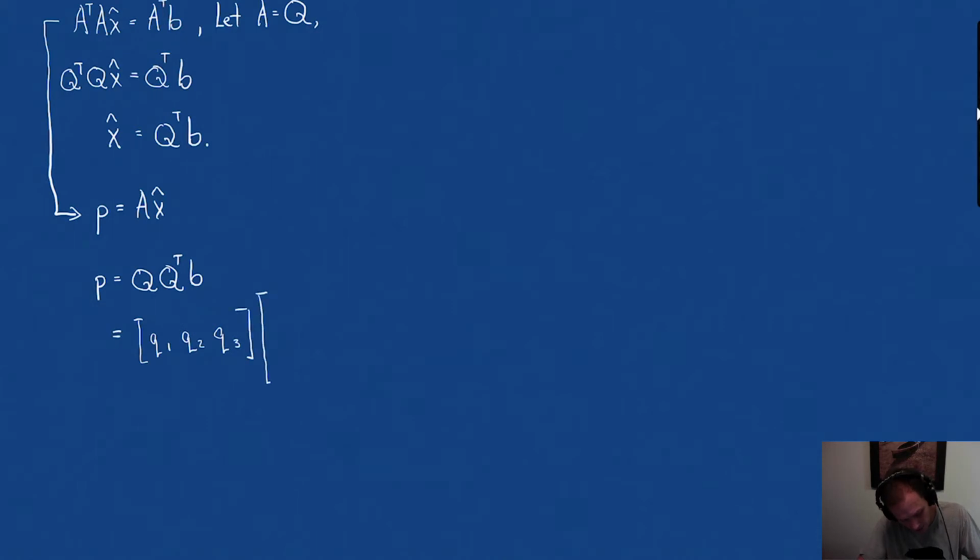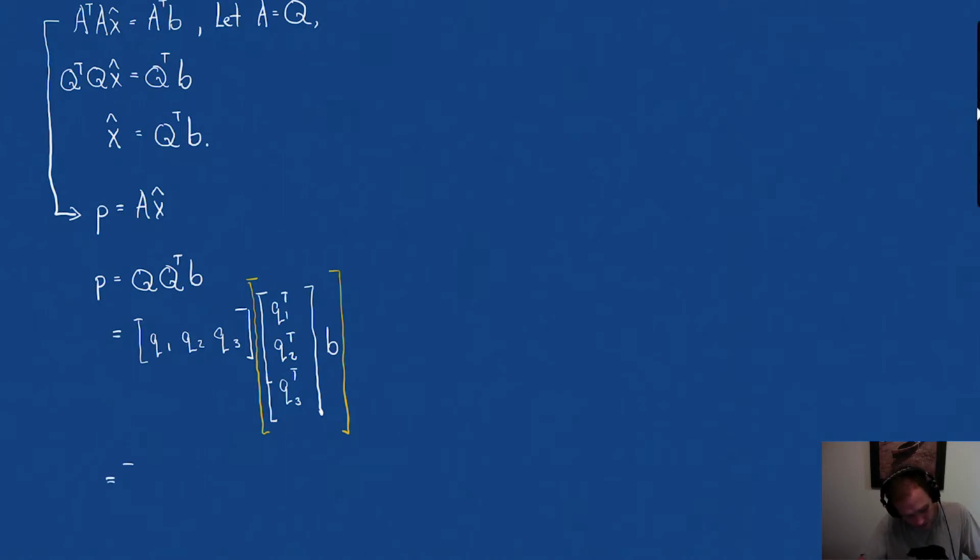Well, that's going to be Q1 transposed, Q2 transposed, and finally Q3 transposed, times the vector B. So let's do some associative properties here.